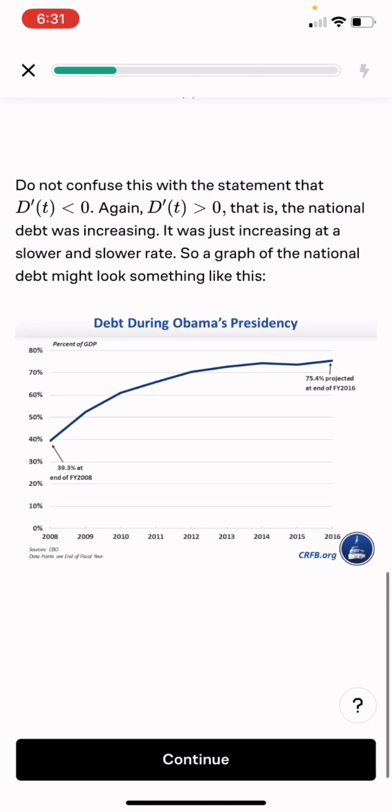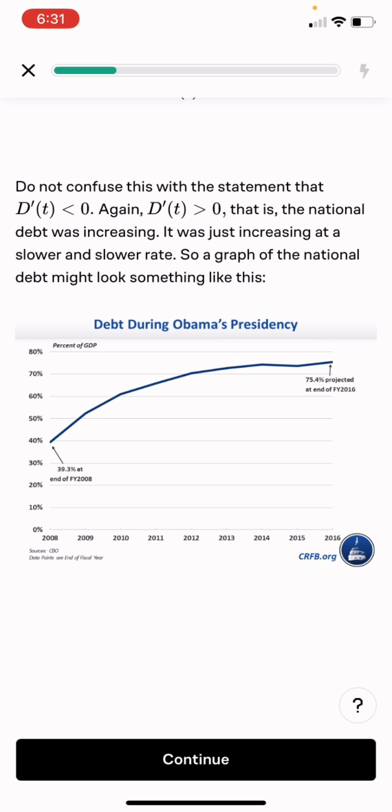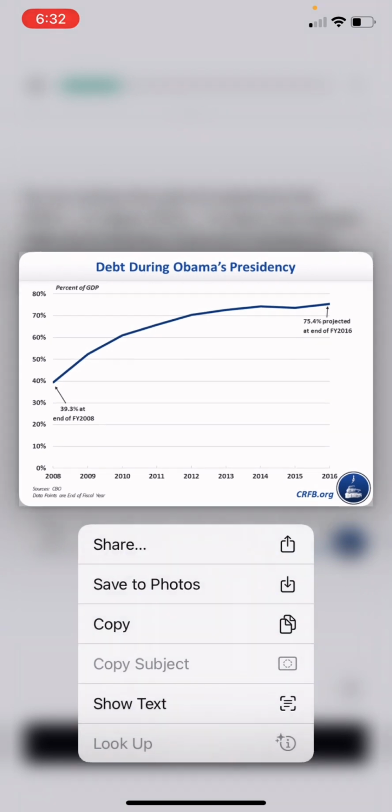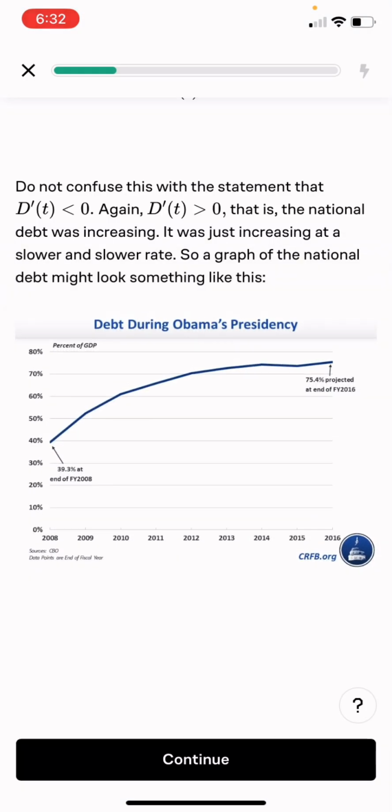So the graph of the national debt may look something like this. So as we can see, the debt, 2008, 2009, 2011, and so on. We can see how it was a high increase and then saw how it slowed down, as you can see by this picture.